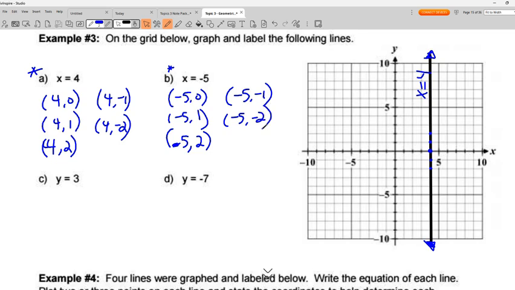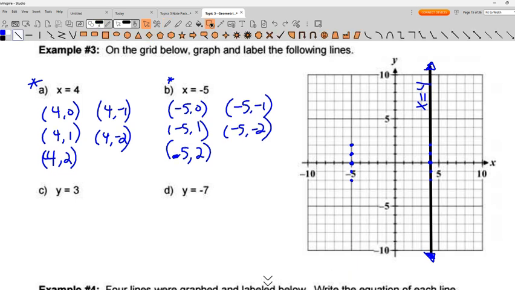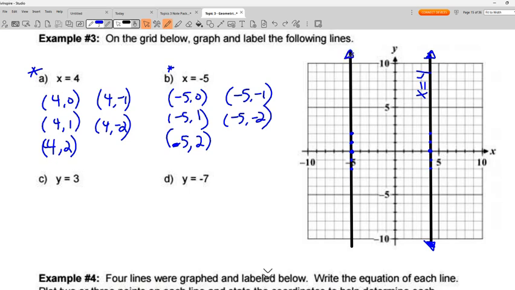And so if we go ahead and graph those, these are all of the points that lie on that line. If we connect them, any point on this line has an x value of -5. I put my arrowheads on there, and I can label this as x equals -5.